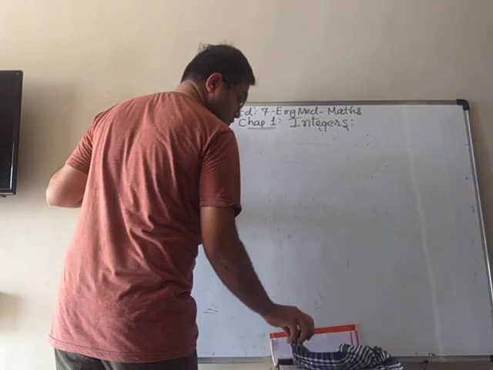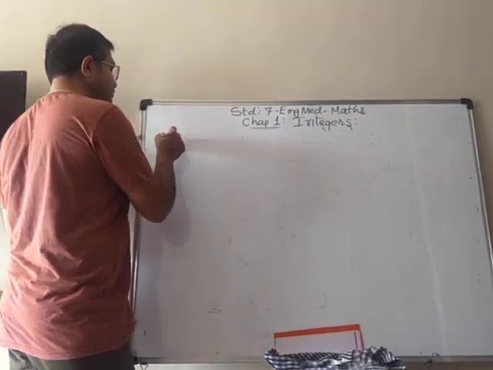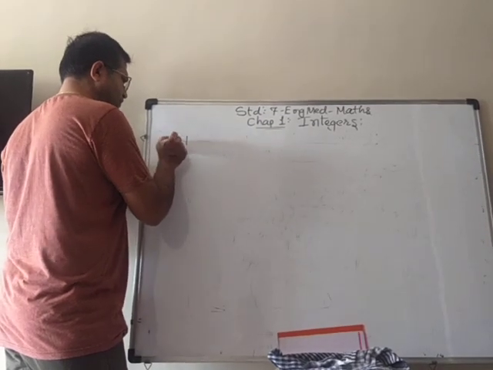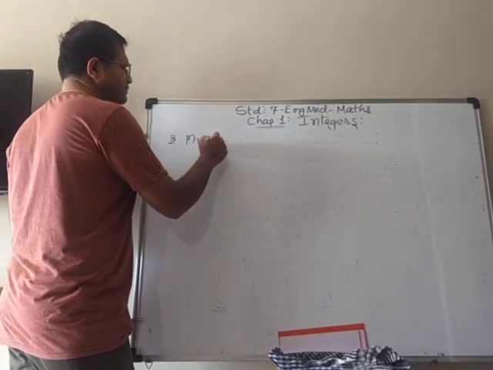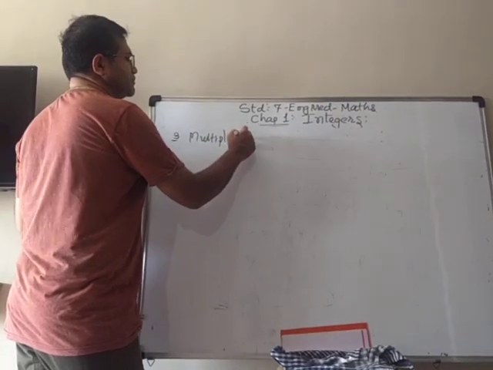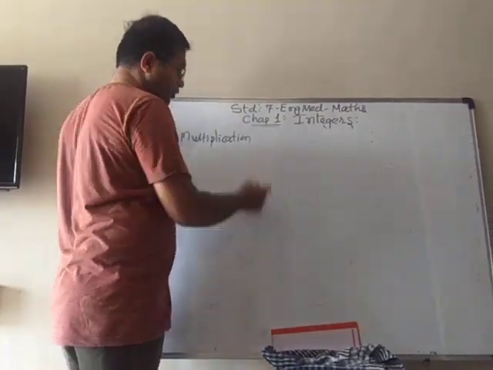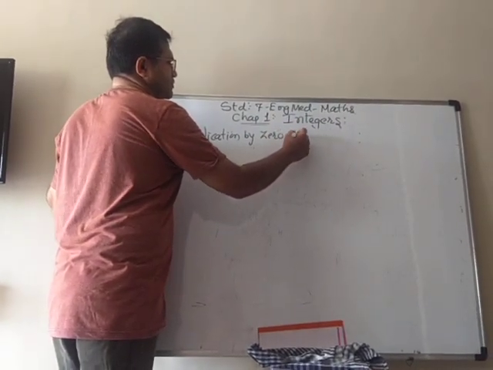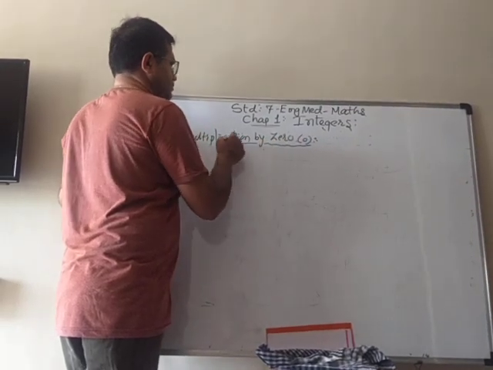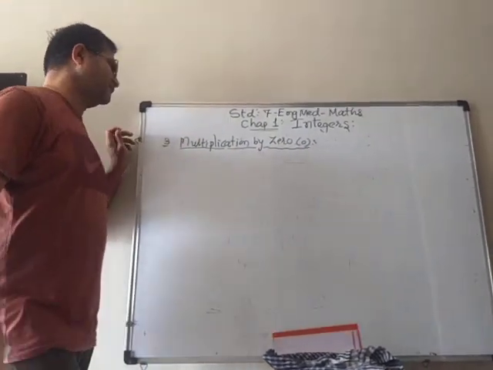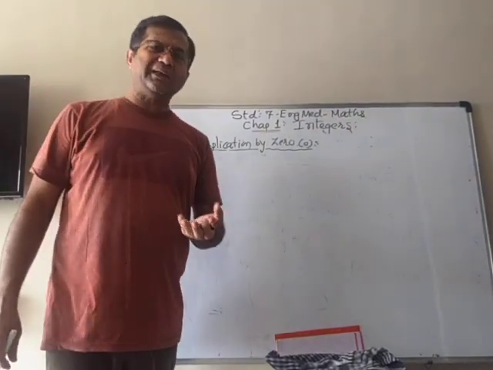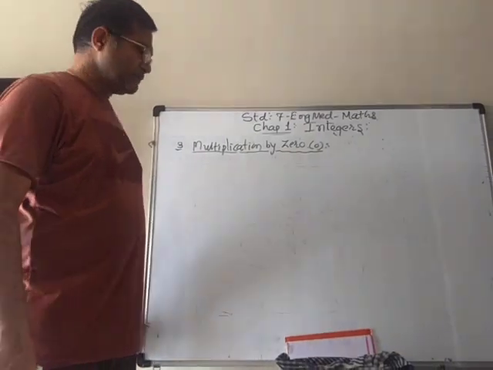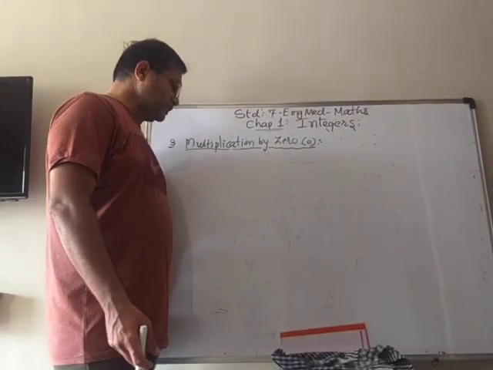So now, multiplication by zero, you can call it also a property, not a problem. So you can say it is the third property. Multiplication with zero or by zero. Now everybody is familiar that when you multiply any number, any integer by zero, we get the answer zero.